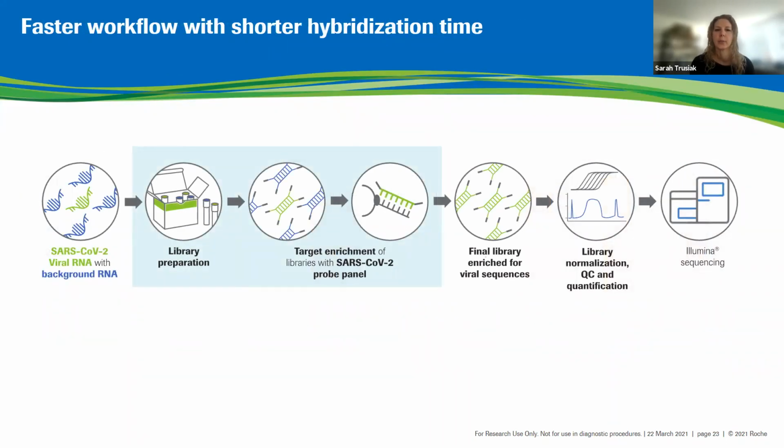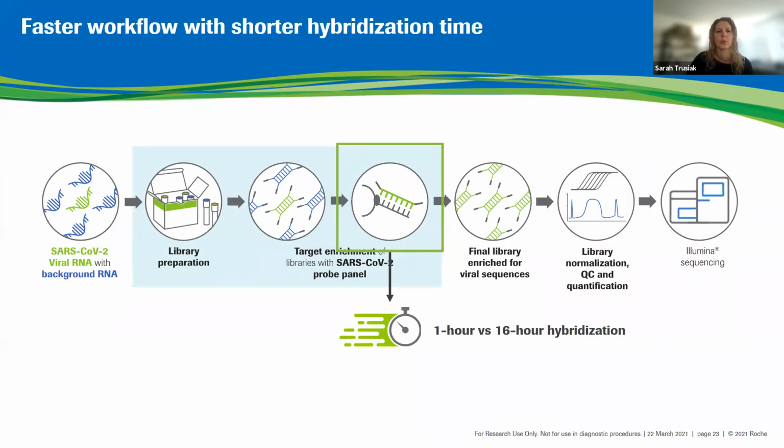One last thing that we wanted to test was whether we could accomplish a faster TE workflow by shortening the hybridization time. Once the sample libraries are probed with the target enrichment panel, that reaction can be an overnight hybridization of 16 to 20 hours. We tested shortening this hybridization to 1 hour versus our 16-hour hybridization results.